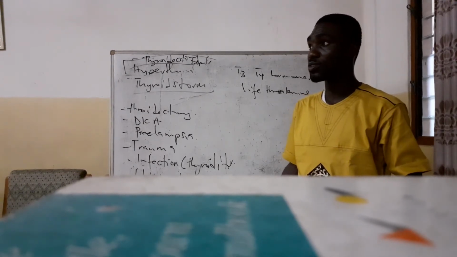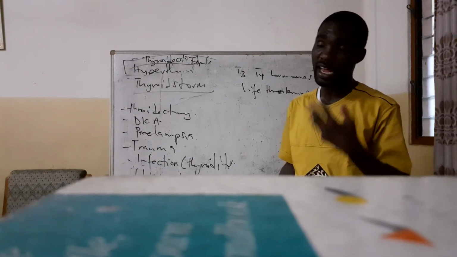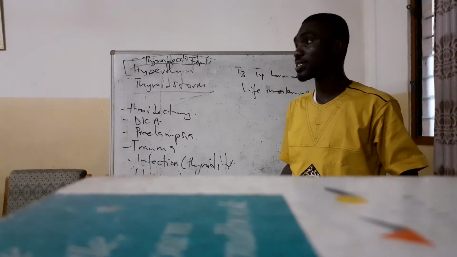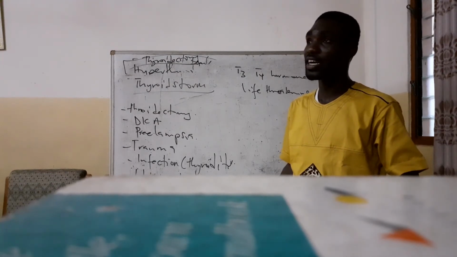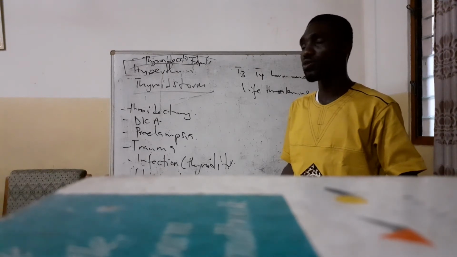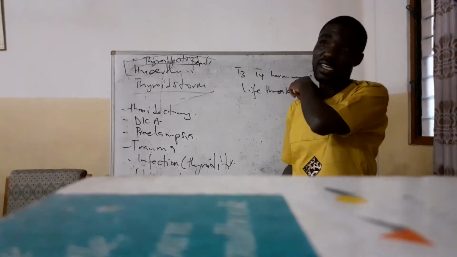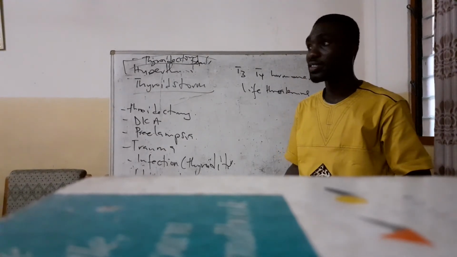You loosen tight clothing, right? If the patient is semi-conscious or unconscious, you turn the head to prevent the saliva from choking the patient, right? You assess vital signs every 15 minutes, then move to 30 minutes, depending on the severity of the patient's condition, right?